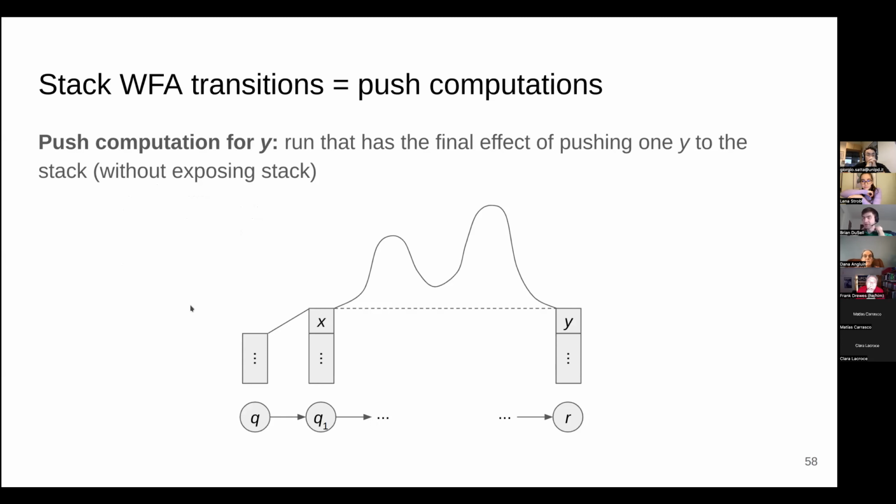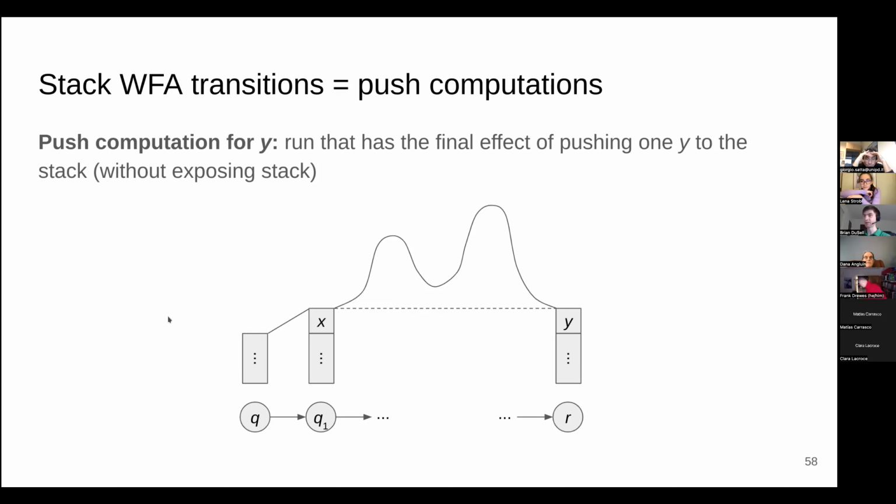All right, so to understand the stack WFA, I need to discuss a concept called push computations. This is actually a fairly simple concept, but it's essential for understanding what the structure of the stack WFA is. So let's define a push computation for the symbol y as any run that has the total effect of pushing one y to the stack without ever exposing the stack.